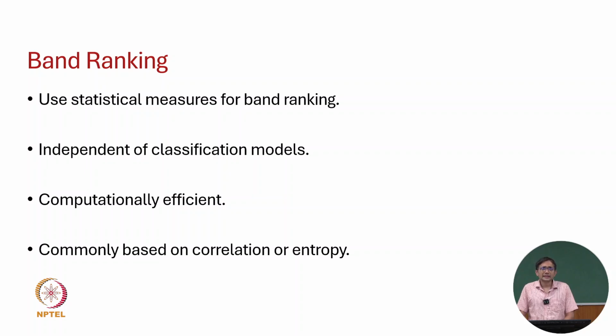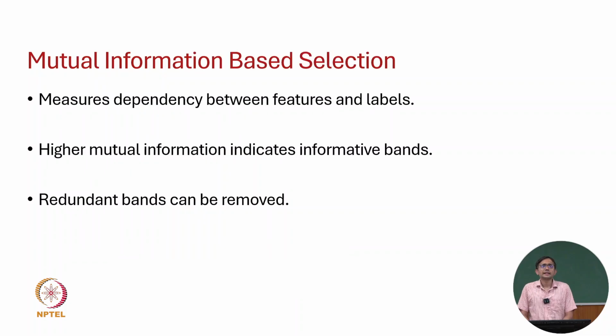This is usually a computationally efficient approach. Similarly, mutual information based selection can also be pursued, where the dependency between the features and labels is computed, and higher mutual information indicates informative bands, and thus the redundant bands can be removed.